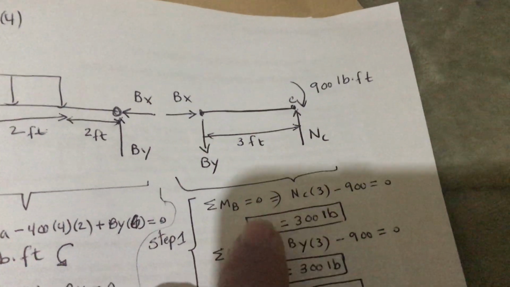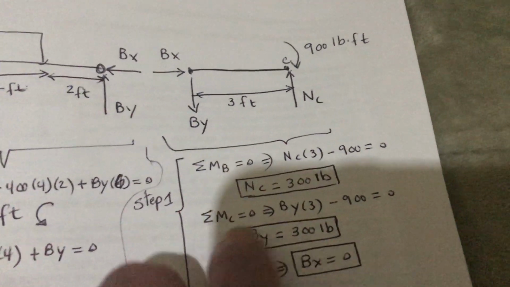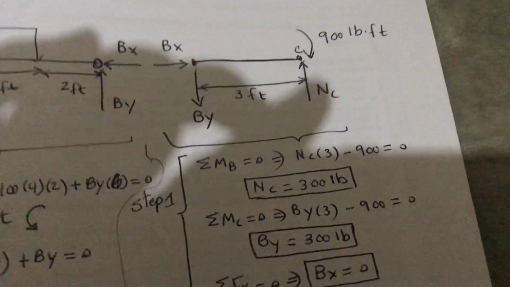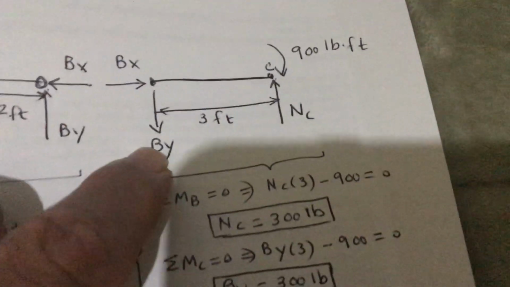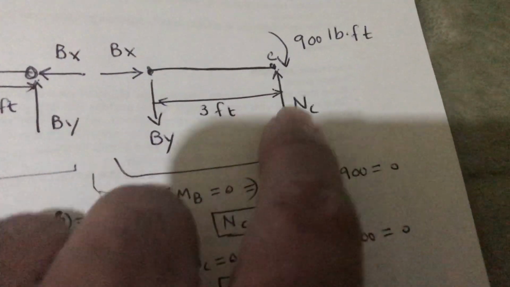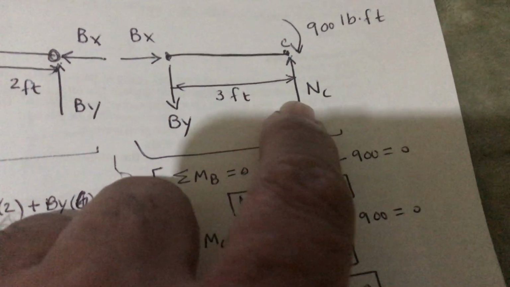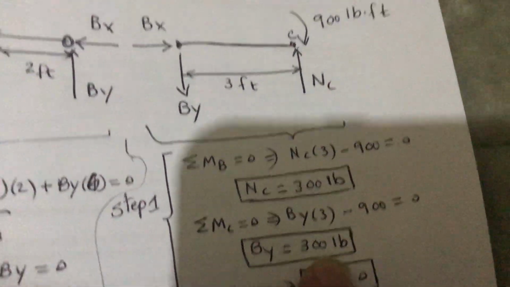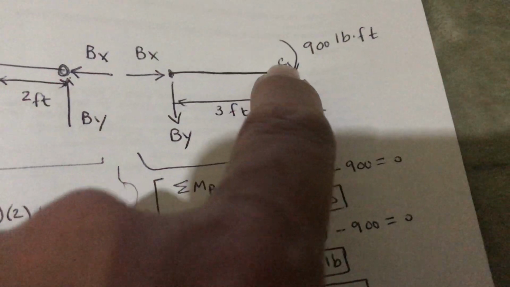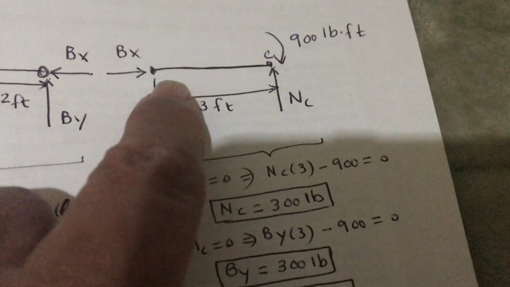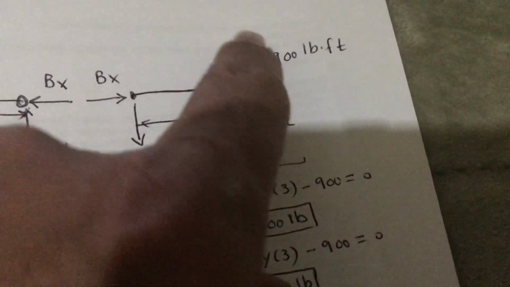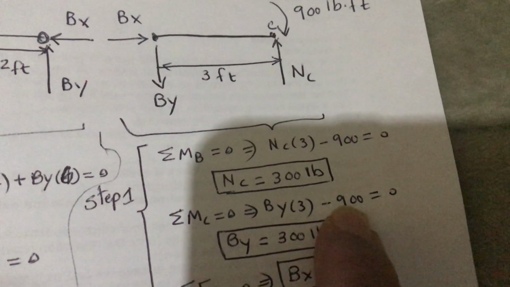So we find the reaction at the roller C. Now, you could find summation of moment at C, but the best is to find summation of forces in the Y equal to 0. There is nothing in the Y except this one. So if this is 300, this is going to be 300 down. So BY is going to be 300 pounds. Or you could do summation of moment at C, where BY gives you plus times 3 and this is the negative moment, minus 900.